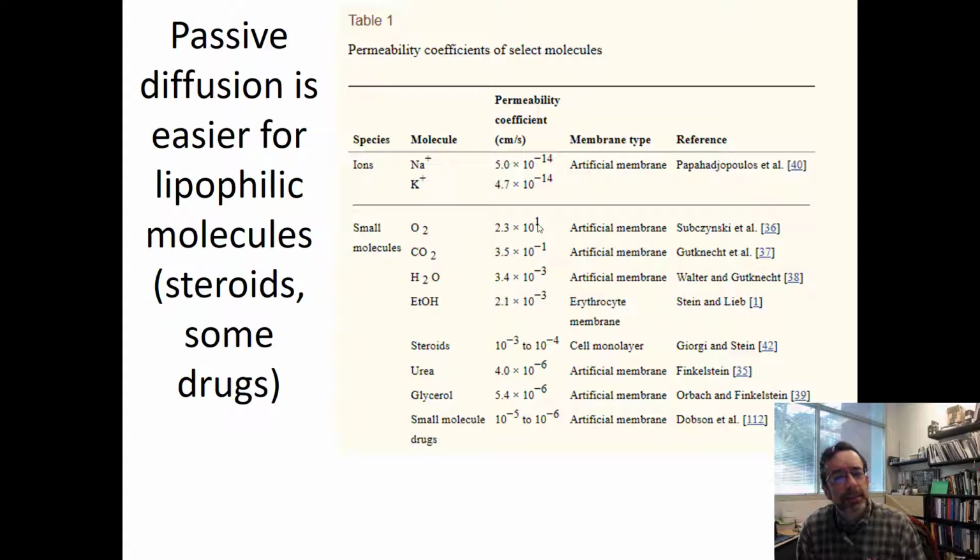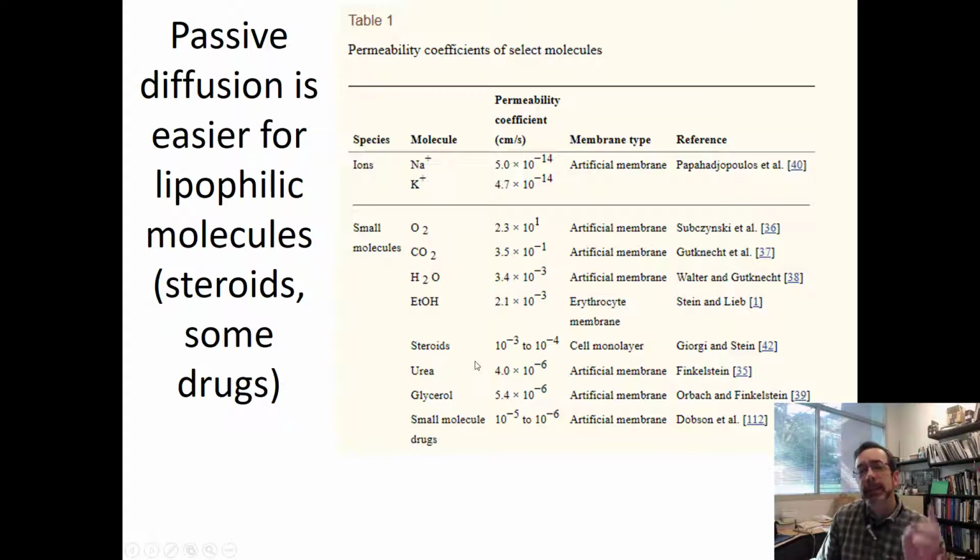I believe that cell membranes are less permeable to water than this. The important thing is that charged molecules are very low in permeability. With hydrogen bonding molecules, if you look down here, the more hydrogen bonds you can make, the less permeable you are, even if you're a small molecule that can squeeze through the gaps in a membrane. If you are charged, it is hard for you to pass through the membrane.